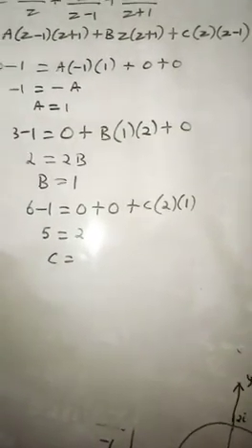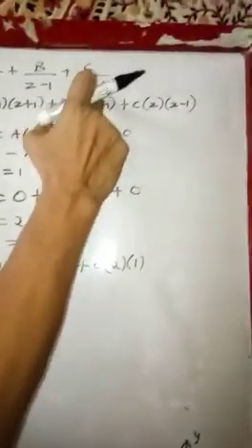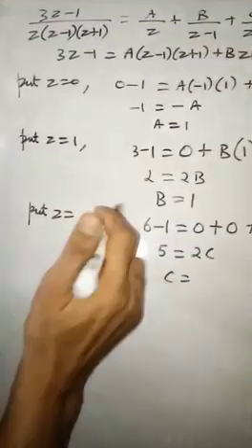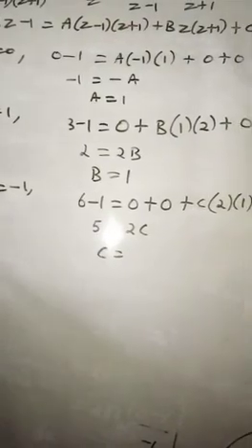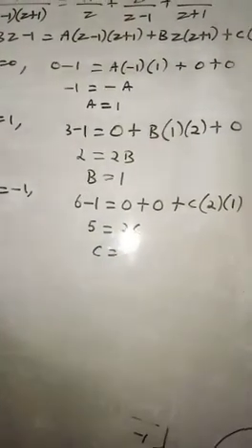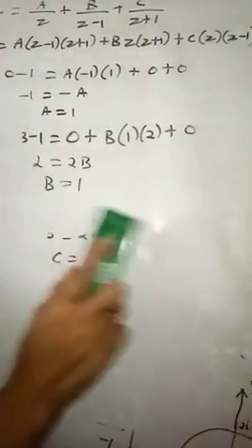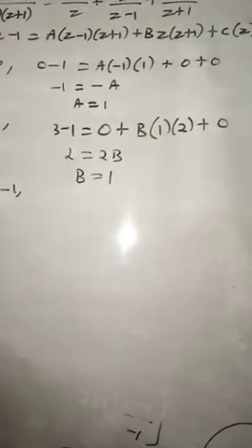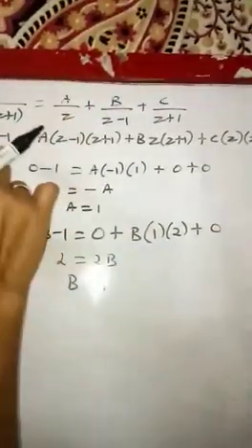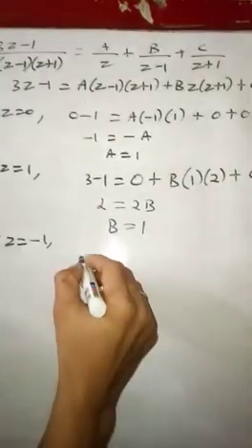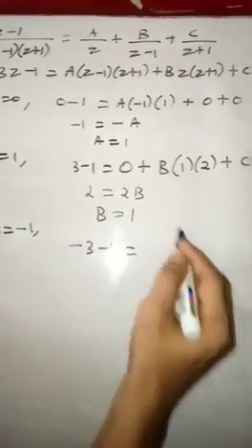Sorry, not 2. You have to put z equal to minus 1, isn't it? You have to put z equal to minus 1. So when you put z equal to minus 1, this will become minus 3 minus 1.